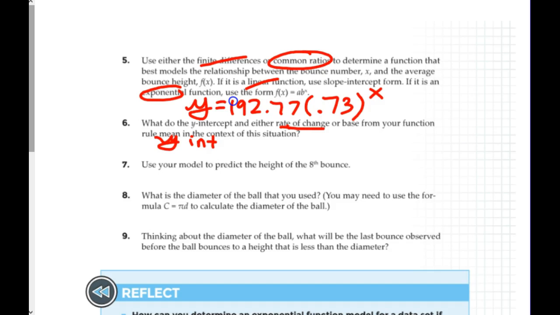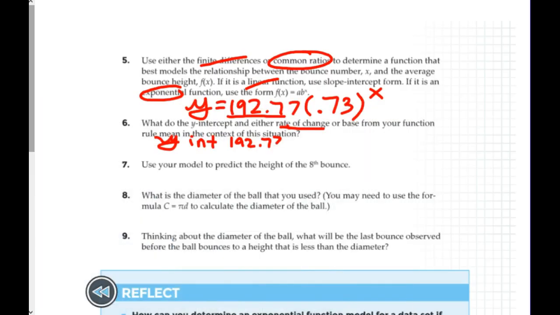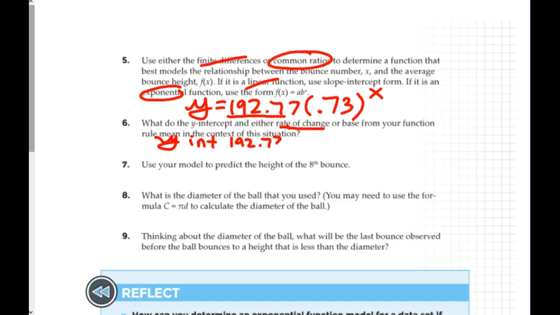The y-intercept is always this first number, 192.77. Now again, from our data, before we did the regression, we started at 215. So the regression is the best fit to this data, okay? So again, 192.77 is from the regression.